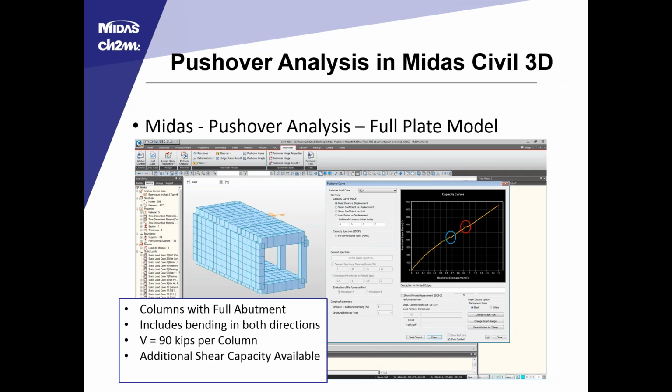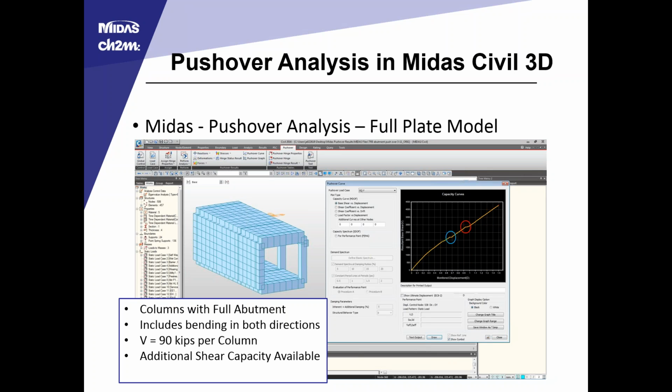As the columns lost their shear capacity, the force did spread to the back wall, and the abutment was able to continue to take force. In the diagram on the right, the blue circle shows the first indication of some loss of shear capacity in the columns. The curve goes flat for a period of a step or two, and then begins to gain capacity again.